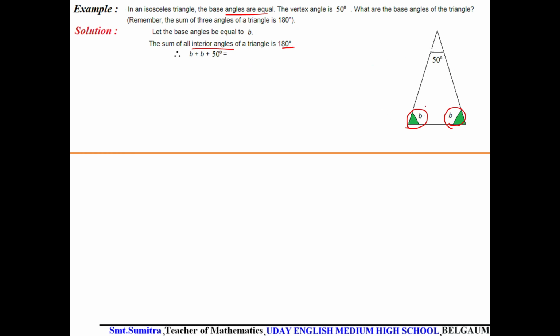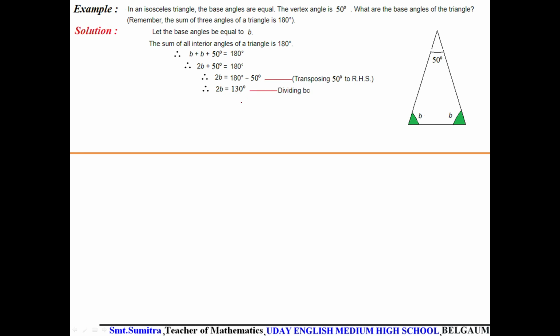First angle, second angle, third angle, B plus B plus 50 degree is equal to 180 degree. B plus B is 2B plus 50 equal to 180. Transpose this 50 to the right hand side. 180 minus 50. Then 2B equal to 130.